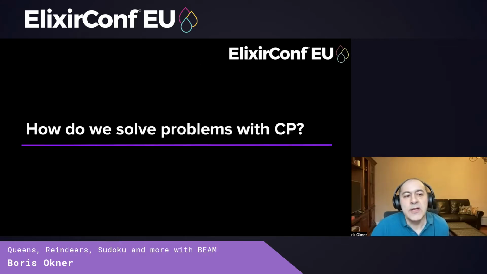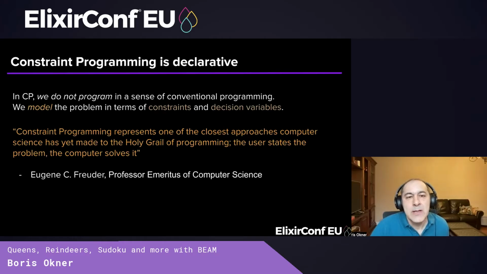Okay, but in general, before we start looking at the model, how do we solve problems with constraint programming? The very nice feature of constraint programming is that we do not have to program.